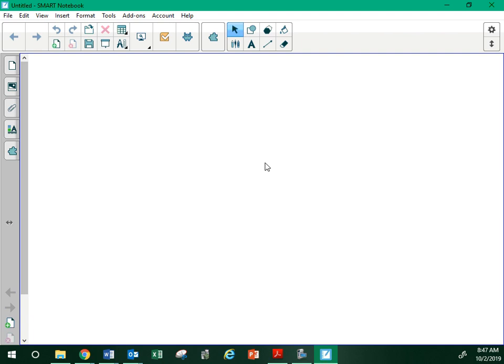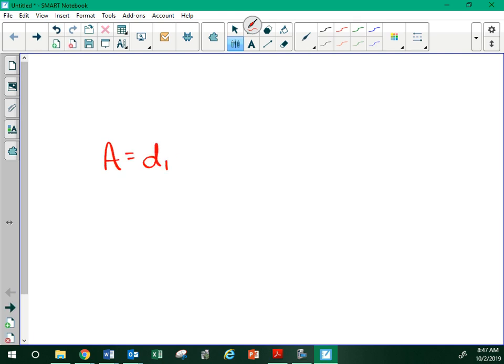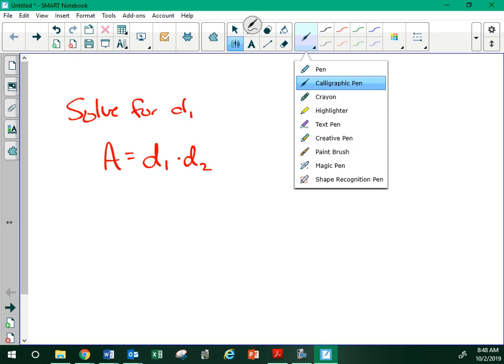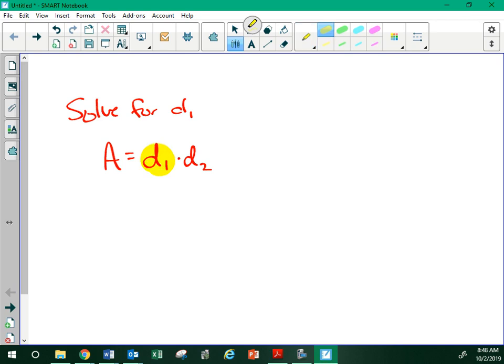So again, what we did last time was something like this. A equals D1 times D2. And suppose they wanted us to solve for D1. D1 is what we're trying to get alone. So we need to get rid of everything else, and here the only thing to get rid of would be our D2.